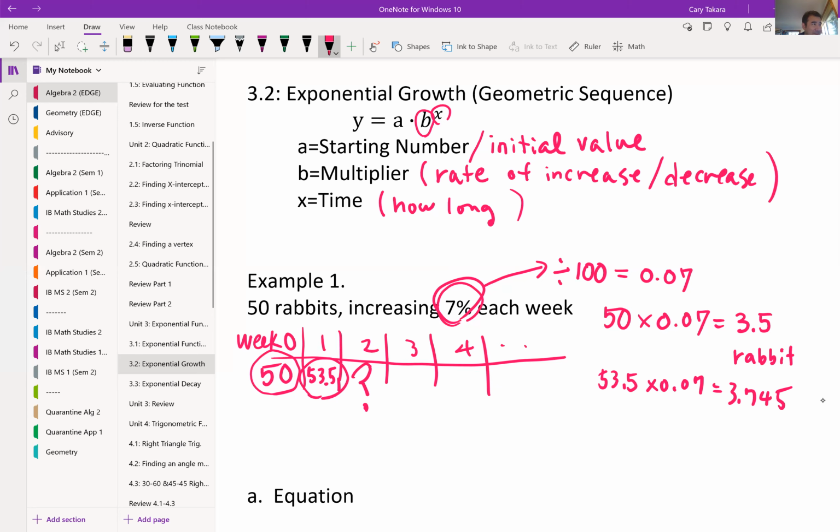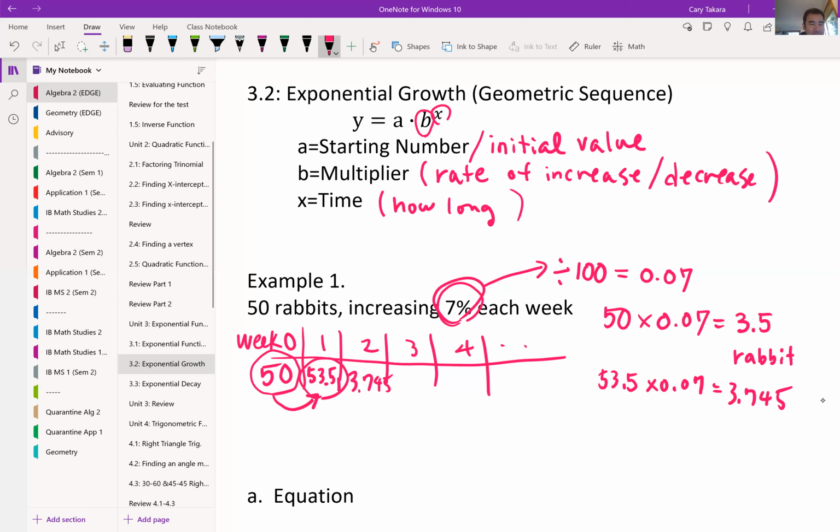Very good, Francisco. We're getting to that. And Francisco is on to something there, because we are not adding the same amount every time. That would be a linear function, but we are multiplying.